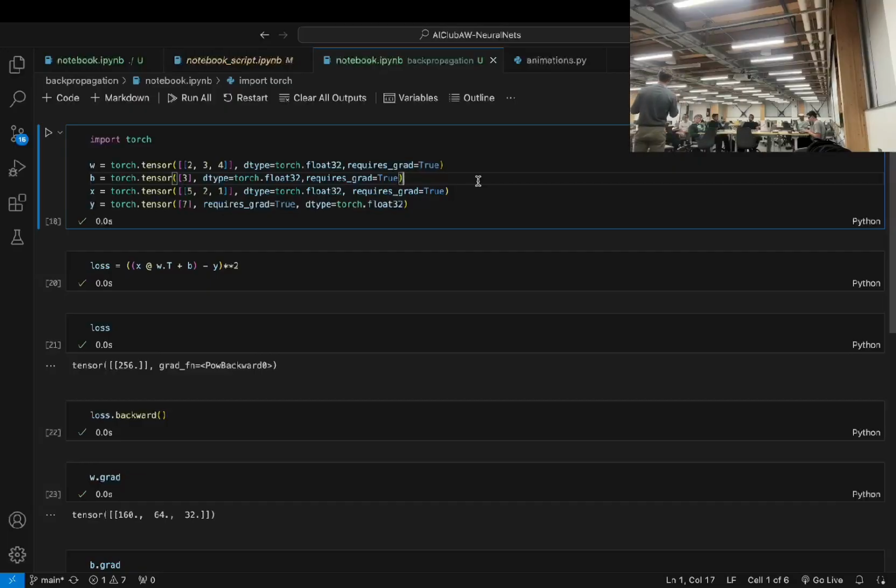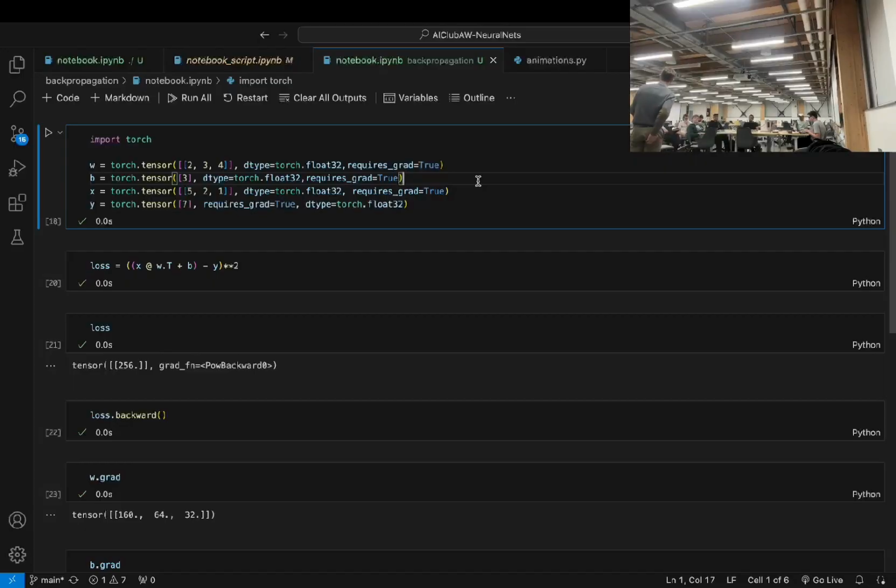So you can think of it that however many weights you have, that's how much more memory you're going to have to use, because you will need to store the gradient matrices for all of them. And so sometimes that's why you want to not have requires grad equals true, because you may not want to store all of the gradients, since it's memory intensive.